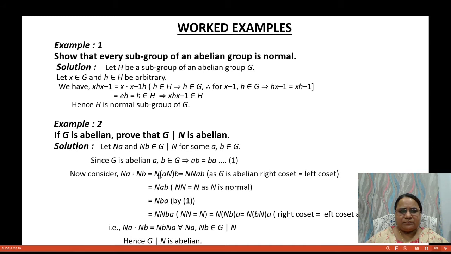Next we have some worked examples. Show that every subgroup of an abelian group is normal. Abelian group means the commutative law will be satisfied here.